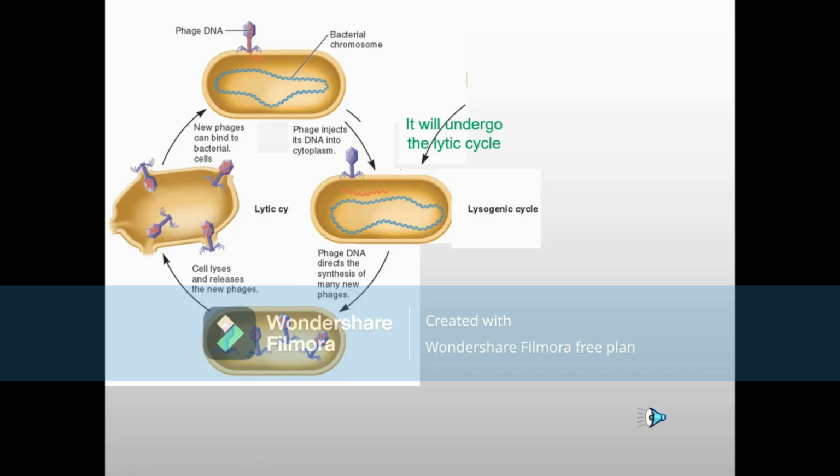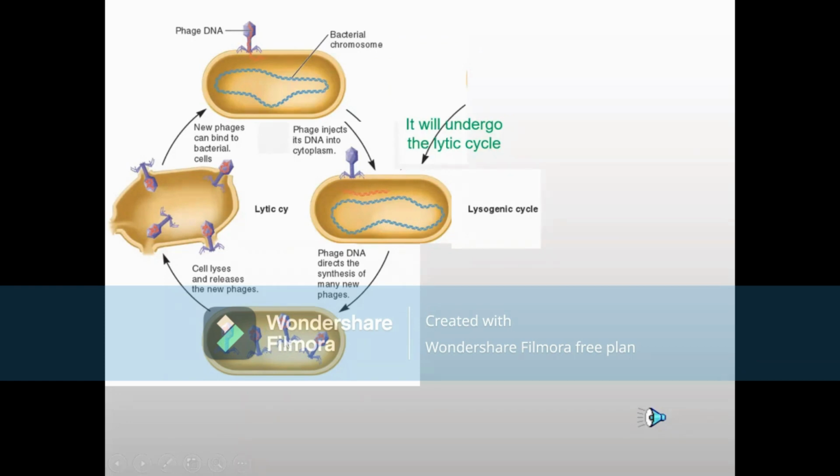They synthesize their proteins, the viral proteins or parts proteins. These include the coat protein, then sheath protein and tail fibers. In this way, they synthesize all the proteins required for making this virus, this phage. And after that, assembly of this phage takes place.